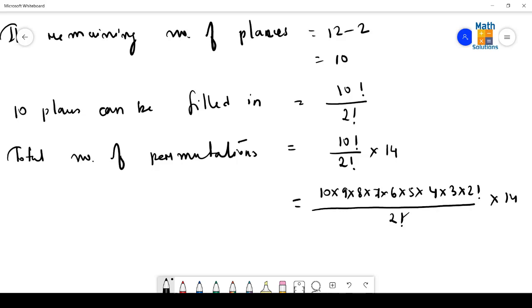Then 2 factorial gets cancelled, and after complete multiplication the result comes as 25401600, and that is the answer for the third part also. And with this question the exercise 7.3 gets over. Thank you.